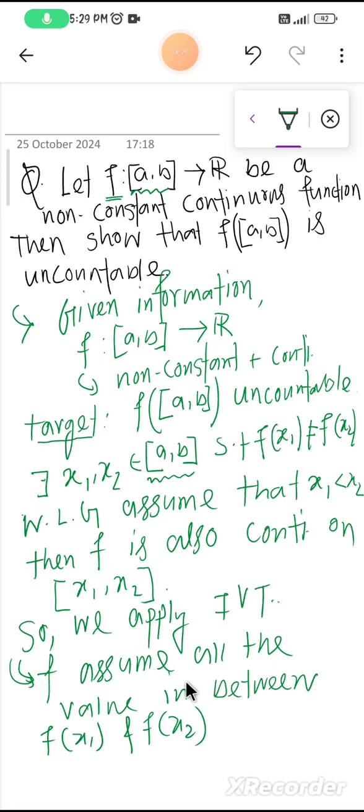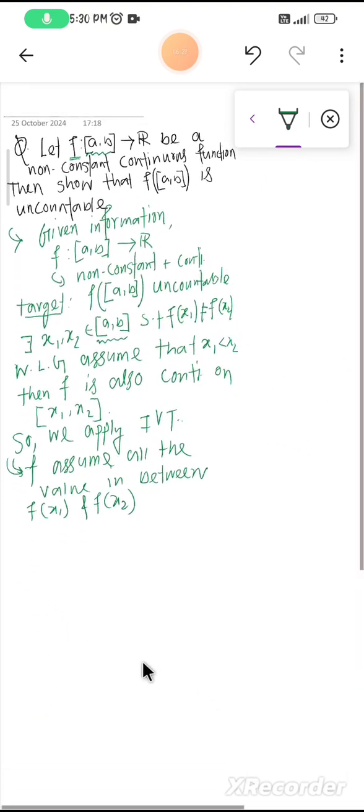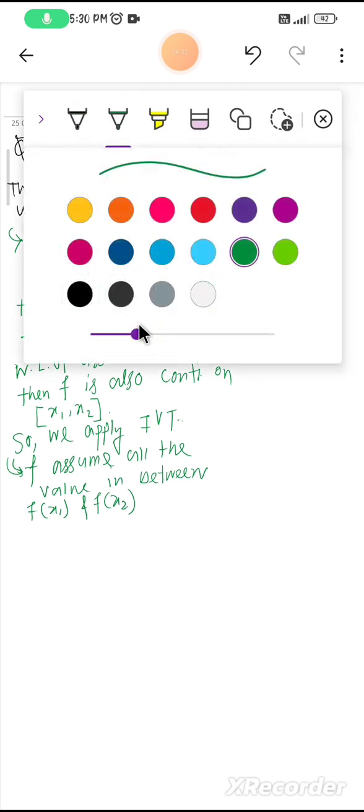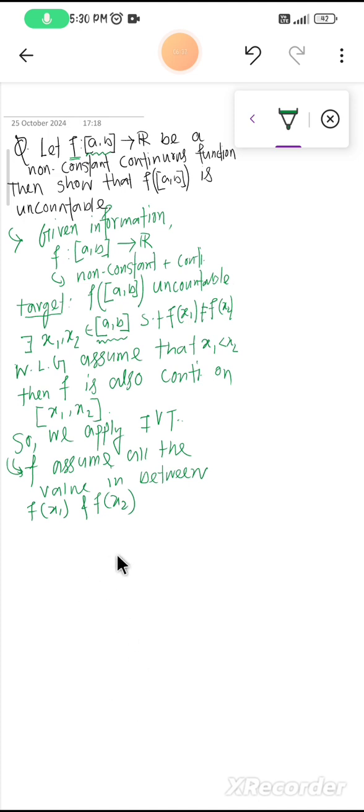Now see here. By IVT, f of x1 and f of x2 are points in the real line, because the function is defined from closed interval ab to R, the codomain is R. So this is a point in R and also this is a point in R. In between f of x1 and f of x2 there are uncountably many points, infinitely many points. Since f assumes all the values in between, f assumes uncountably many points between f of x1 and f of x2.